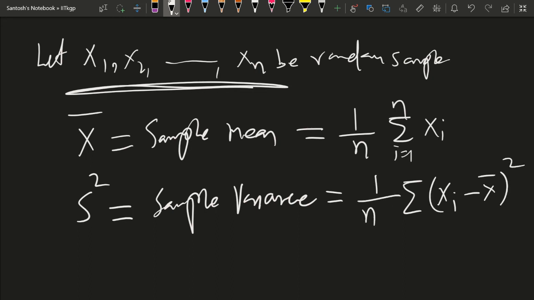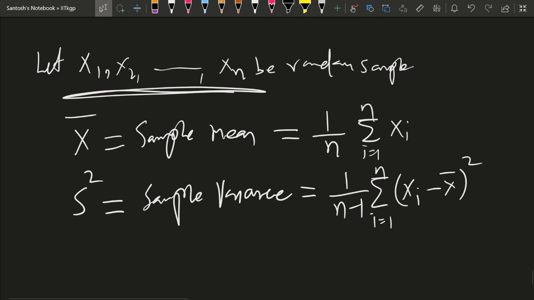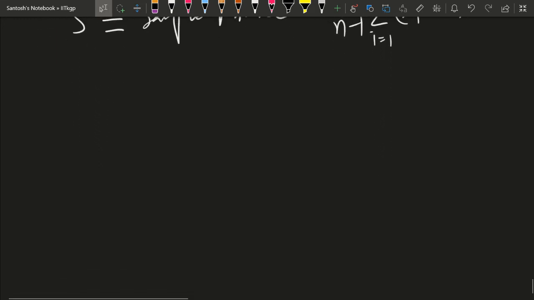Yes, correct. So 1 upon n minus 1 summation Xi minus X bar whole square, i from 1 to n. Good. When we write the properties, we will use these notations also, so you should know what this is. Now I will write the theorem.